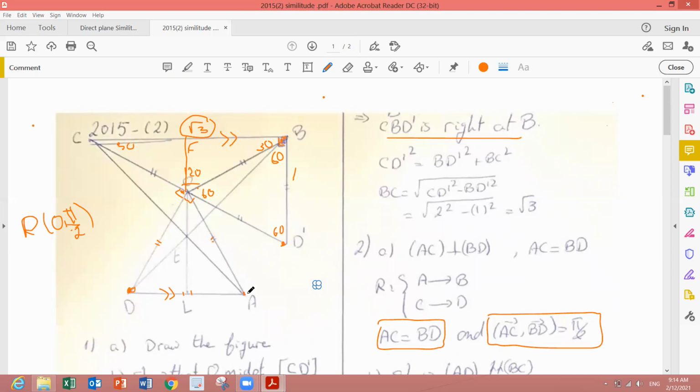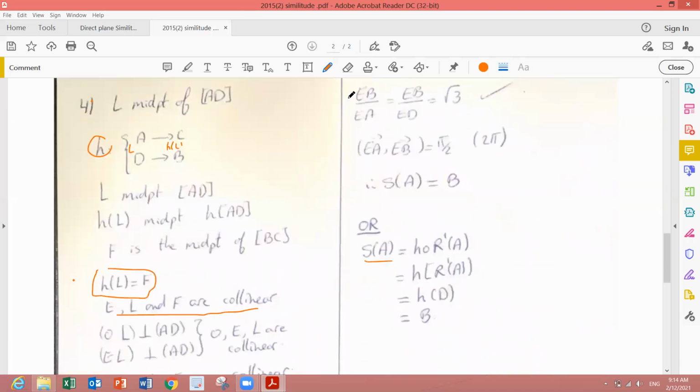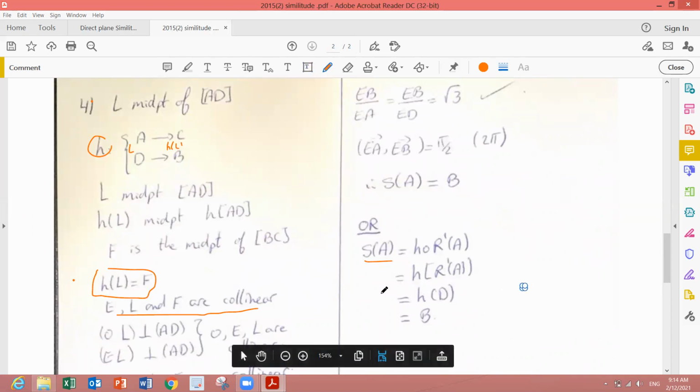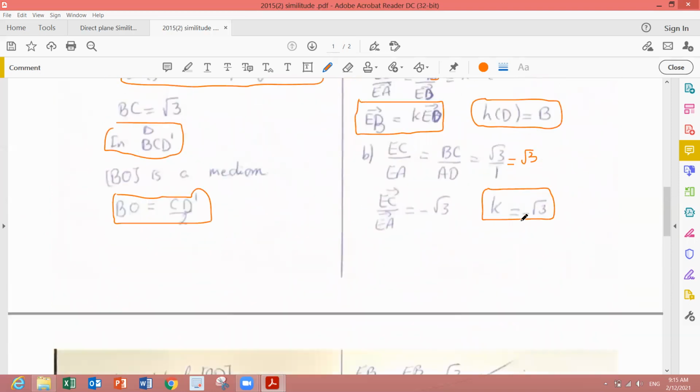With center E and angle minus pi over 2, it gives D. You know this is an equilateral triangle, so it gives D. So we get H of D. What is H of D? It is B.